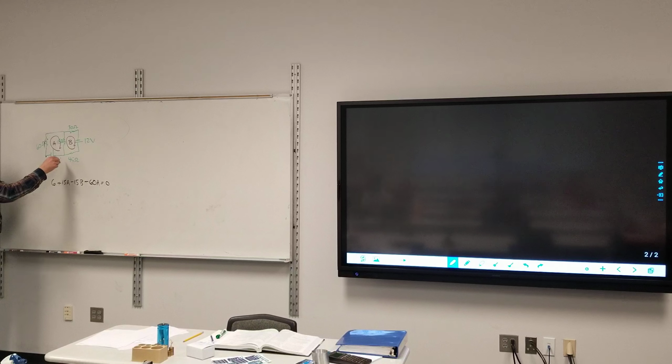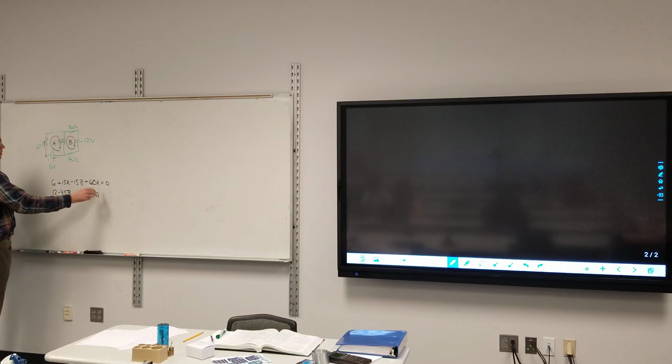And then the other loop, I'll just start here and work my way in the same direction as the B. So that's 12 minus 45B minus 15B plus 15A minus 30B equals 0.